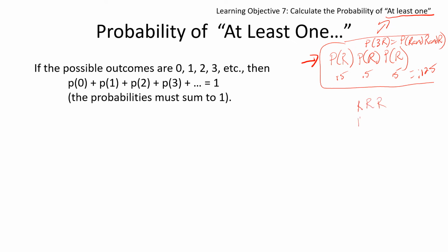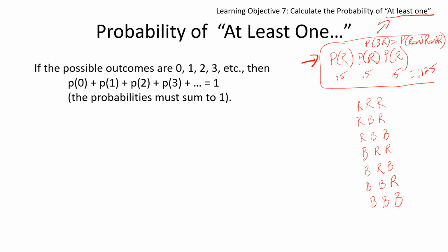Or you could draw a red card, then a black card, then a red card. Or a red, then a black, then a black. And we could even look at other cases. Let's do black first: black, red, red; black, red, black; black, black, red; and black, black, black.